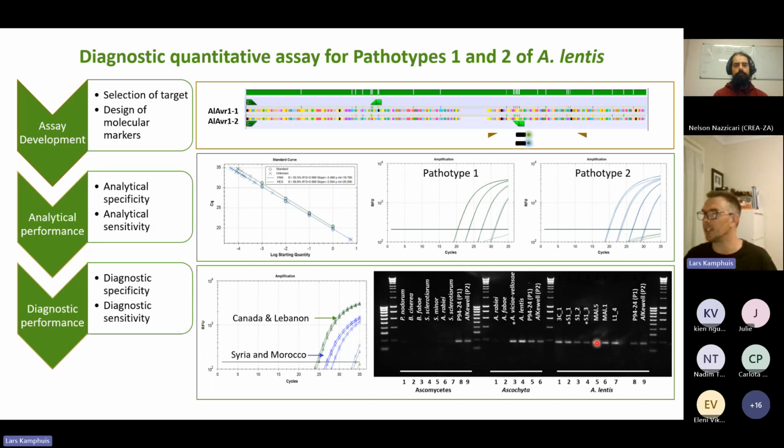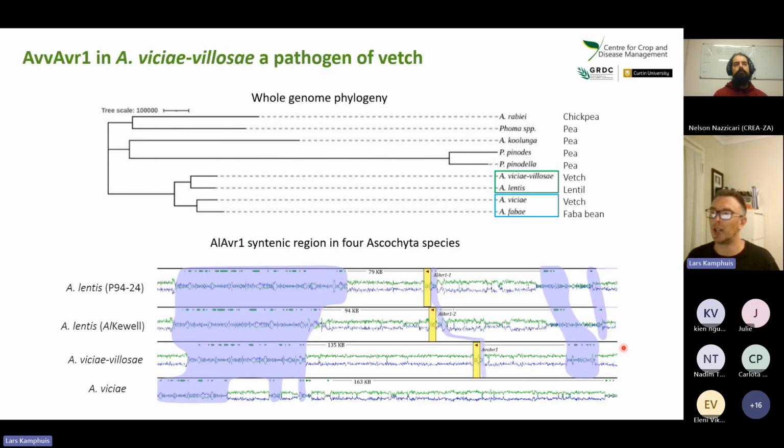Again, you can see that it can amplify the different variants of the international isolates that we've identified to date. So that's working well, and we can now receive samples from growers and advise them of the ratios of pathotype 1 to 2 that they might have in their paddock, and make more informed decisions around what varieties they may wish to plant based on the pathotype dynamics and population in their paddocks.